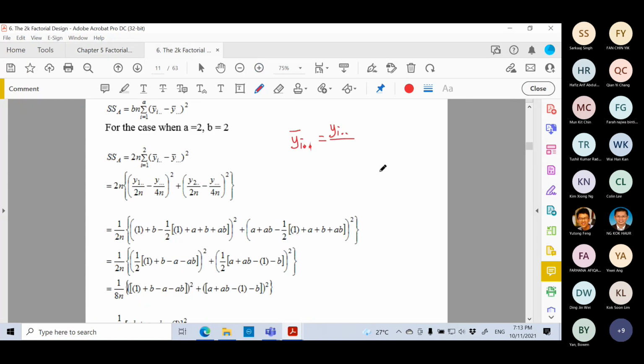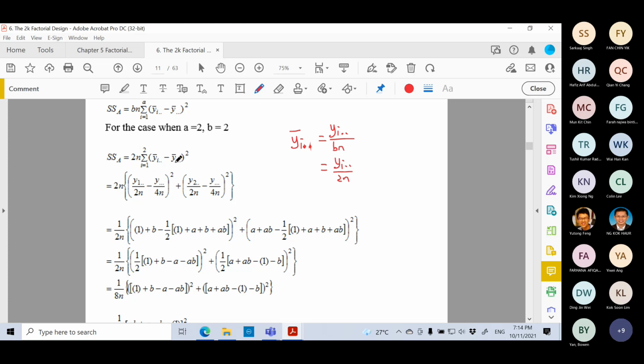So therefore, you divide by B times n. The B here is always 2. The n here is the number of observations. So therefore, you can see that this is equal to yi dot dot divided by 2n.